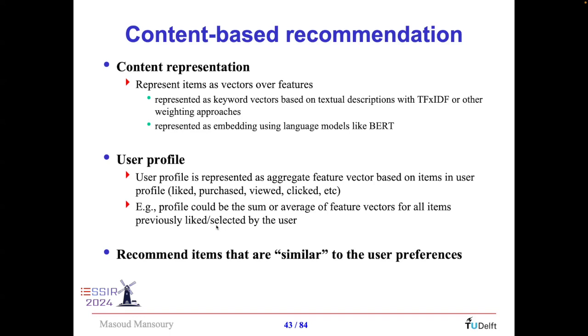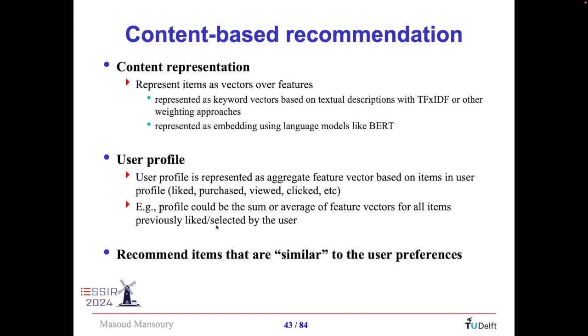Keywords can be genre keywords, tags, or words in the text using TF-IDF, the term frequency in the description or other metadata related to the item. Or you can use language models like BERT to learn embeddings for the item. So given the textual content information, you need to represent the item.